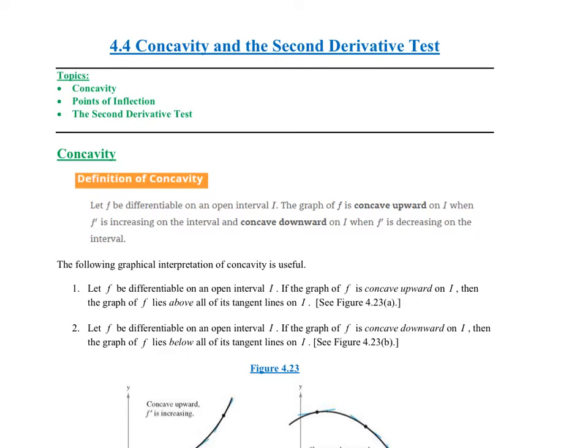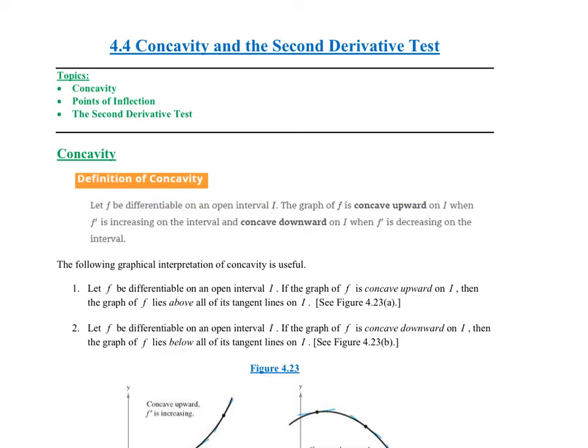Let's actually define what concavity is. It says, let f be differentiable on an interval I. The graph is concave up when f prime of x is increasing. So when the derivative is increasing. So the derivative would be increasing when its derivative is positive.